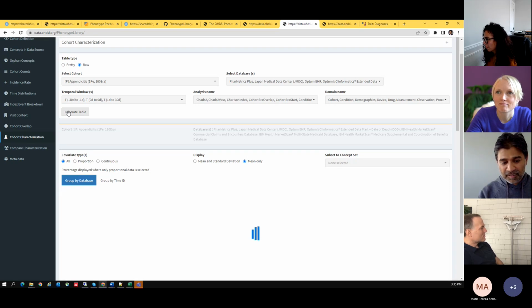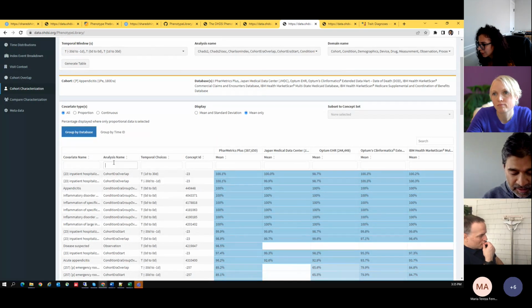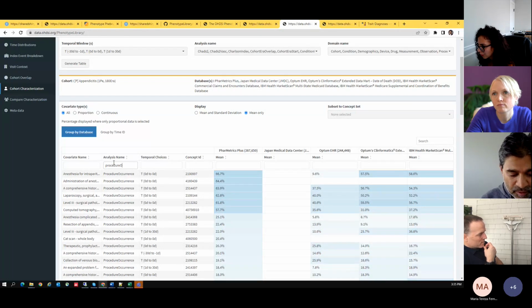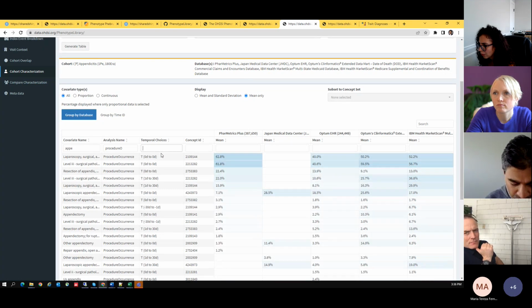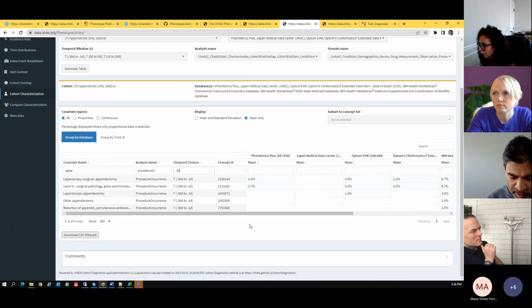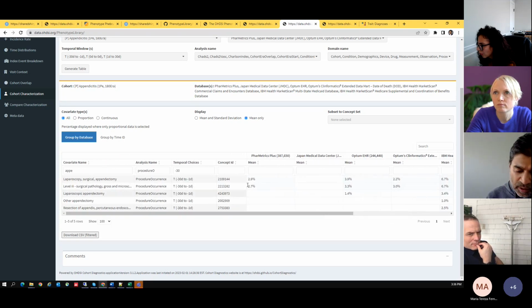Now we're going to look at the proportion of appendectomy that happened before index, and that can give us an idea of how bad we are on index date. All right, so let's see. I'm going to do -30 day. For laparoscopic appendicectomy, we see about 2 to maybe 6% in the -1 to -30 days before.